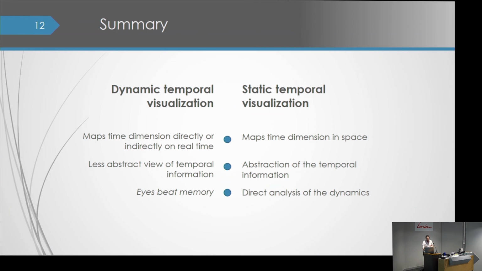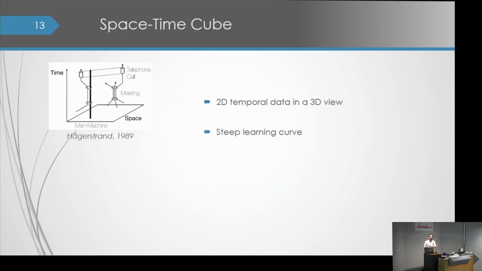To be more specific, we are going to be interested in two main types of visualization. The first one is the space-time cube that inspired our first contribution. This type of visualization consists in taking 2D temporal data and displaying them in a 3D view. But the literature reports quite a steep learning curve because of the abstraction of mapping time into space.